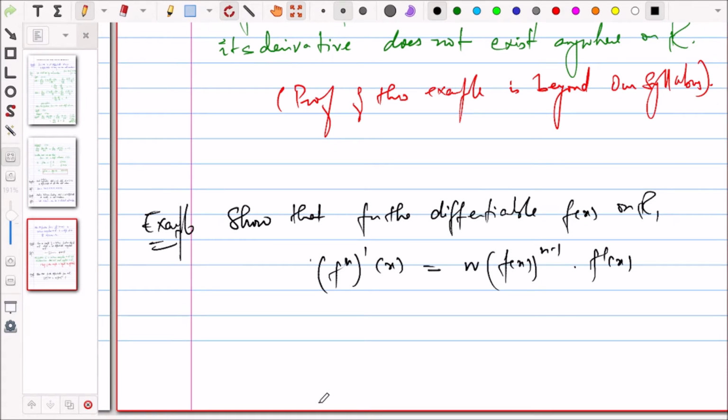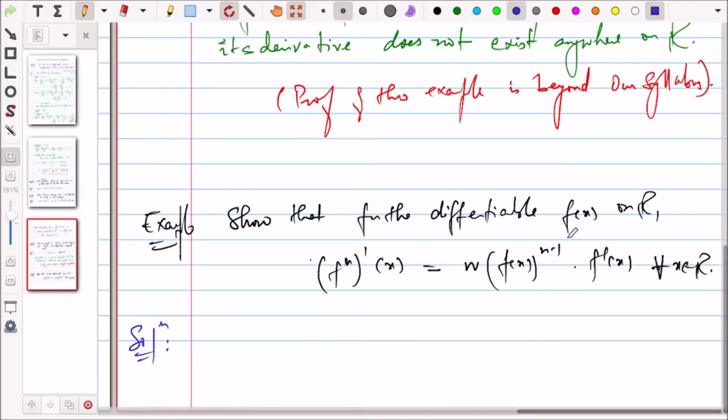Okay, so this we have to show. How will we show this? Let g(x) equal to x^n for all x belonging to R.